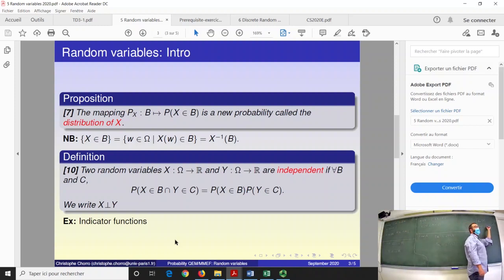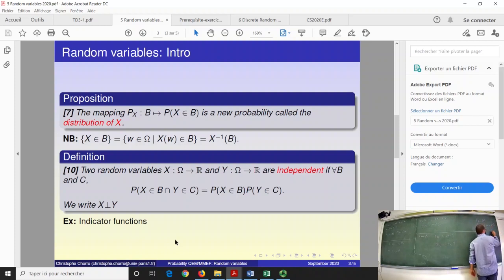Because the indicator function is a mapping with values in {0, 1}. So I have only two values. And this implies that the number of possible preimages is finite and in fact equal to 4. Why? Because I have four possible situations.